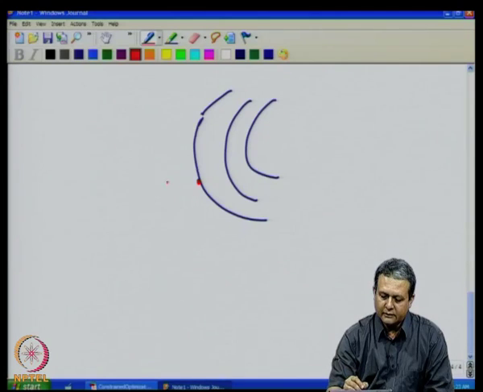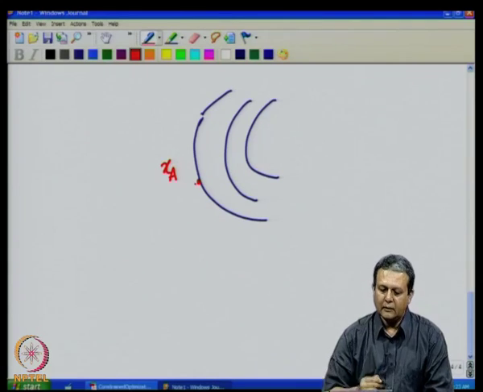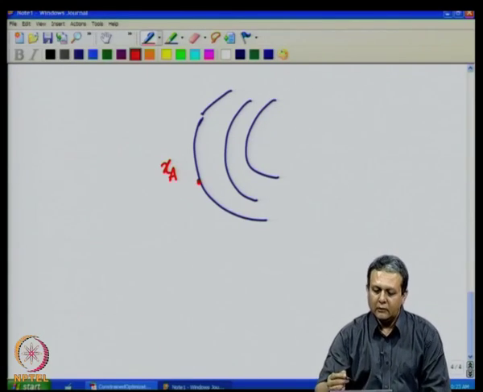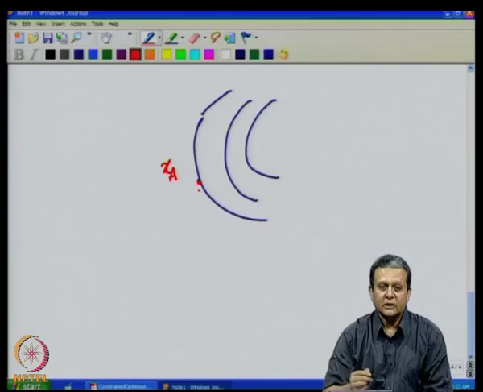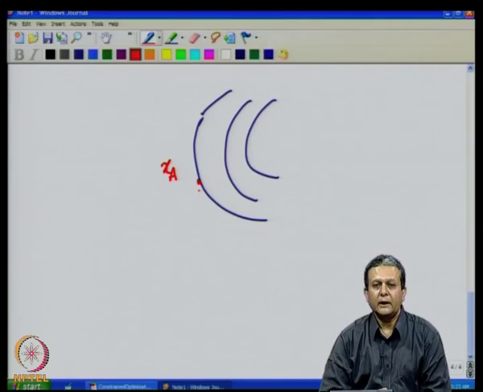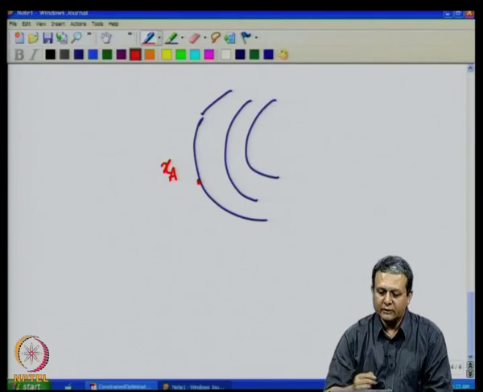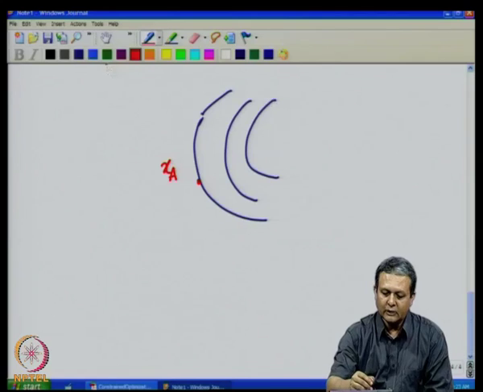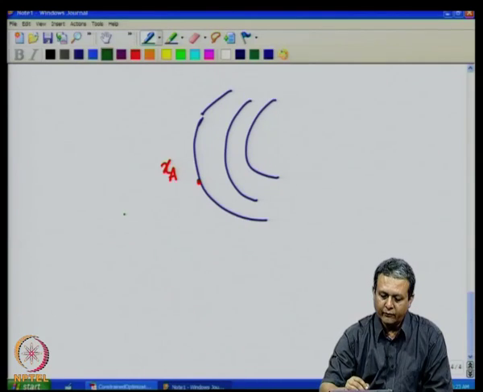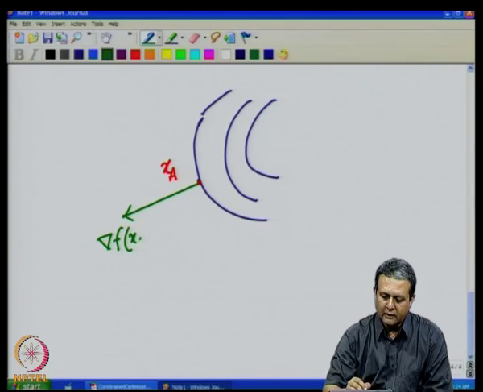If the function is differentiable, we can find the gradient of the function, and let us assume that the gradient of the function is pointing in this direction.